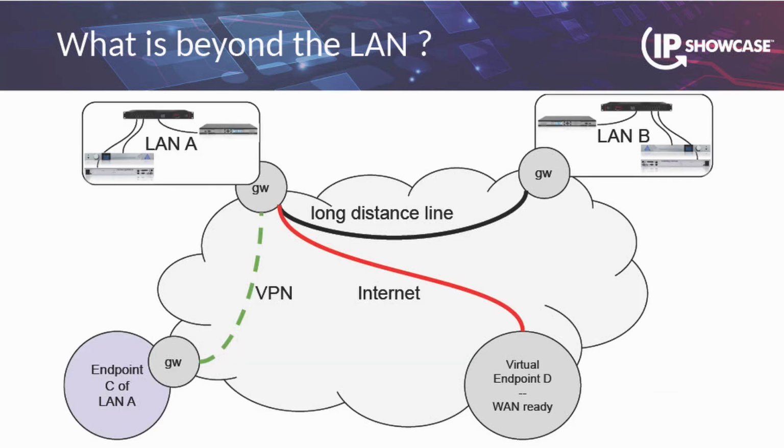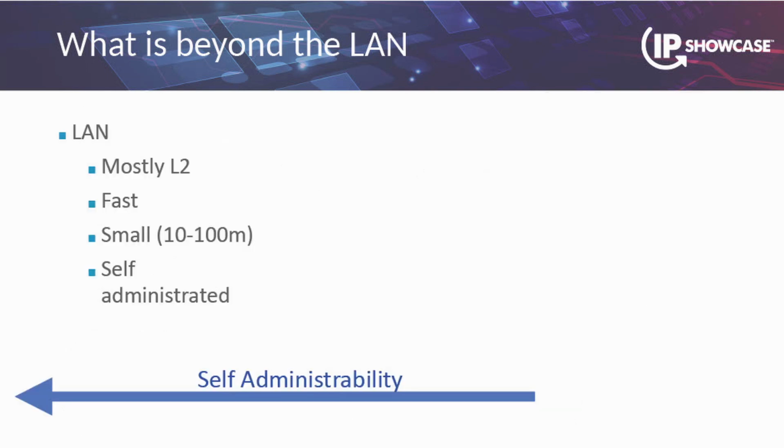And of course, you can have even more than just connecting two LANs. You can connect virtual devices in a data center, for instance, or you can connect endpoints in the field via, for instance, 5G. So let's see what defines a LAN and what defines other networks like the WAN or the cloud.